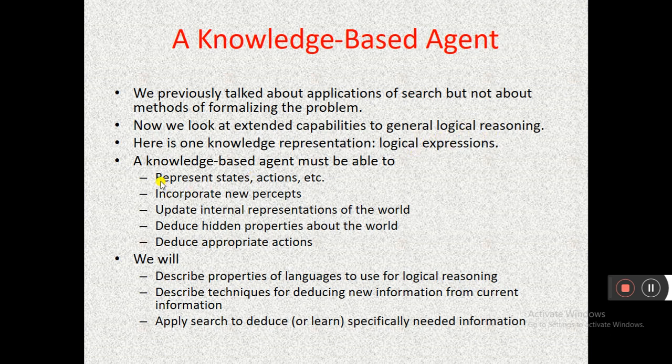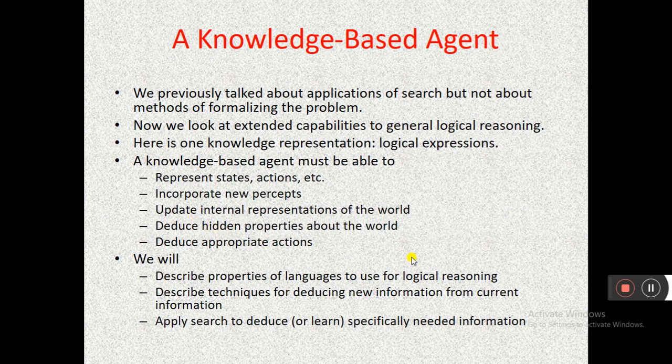Let's talk more. A knowledge-based agent must be able to represent states, actions, etc. In the last lecture, we discussed states and actions. It must incorporate new percepts, update the internal representation of the world. The world means the area in which we are solving the problem.